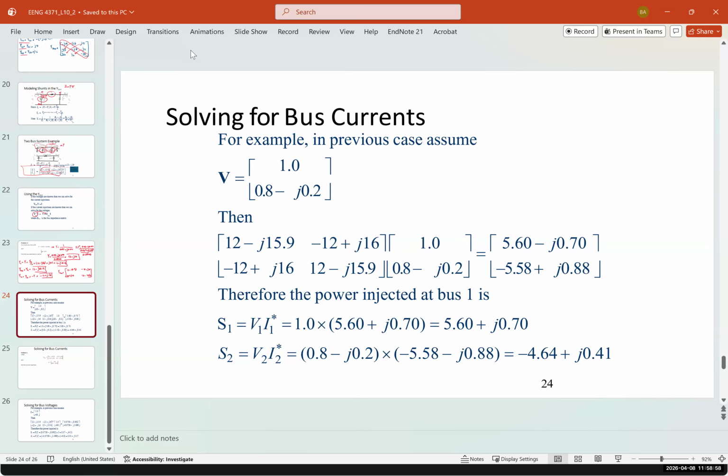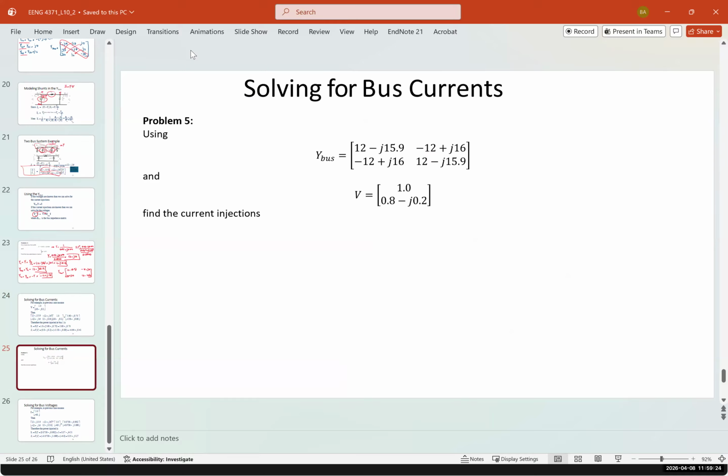Now, for the previous example, without converting it to admittance, imagine we had the voltage, which was 1 and 0.8 minus J0.2. Then if we multiply them, we could reach the same answer for the current. Now, let's solve this. I'm going to give you a few minutes to solve this, and I will solve it.